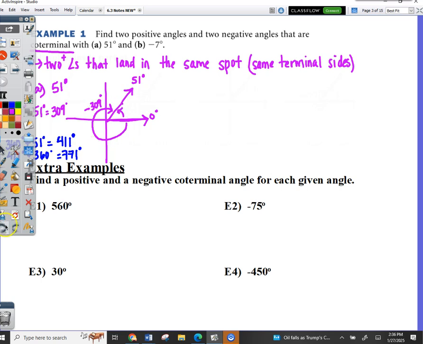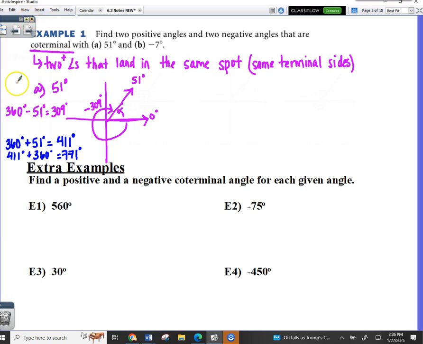So we've got negative 309. Let's just take another rotation off. Subtract 360. And what do you land at? Negative 309 minus 360. What do you get? Negative 669.